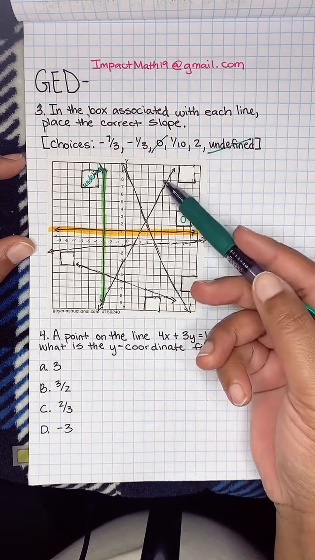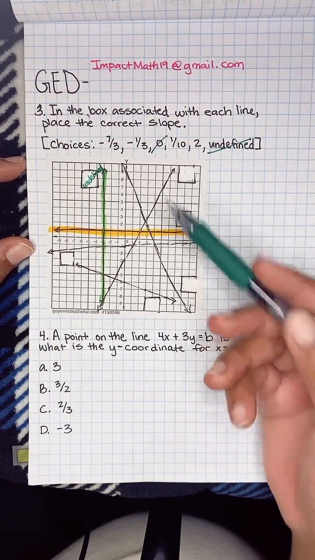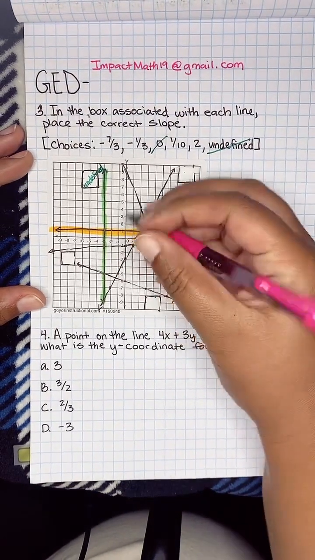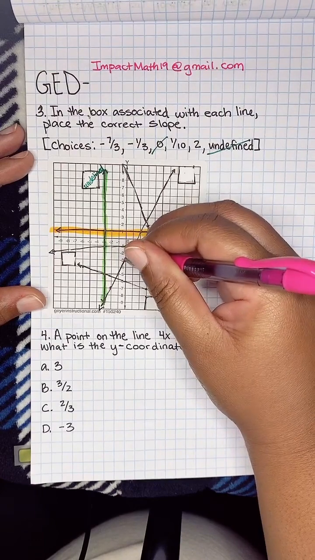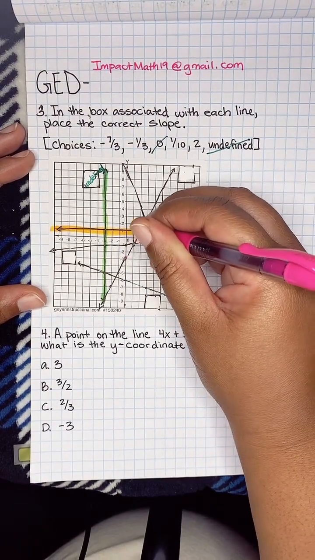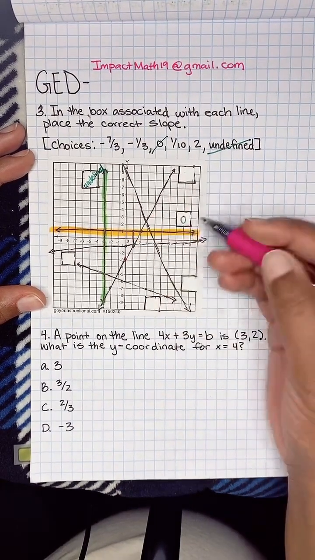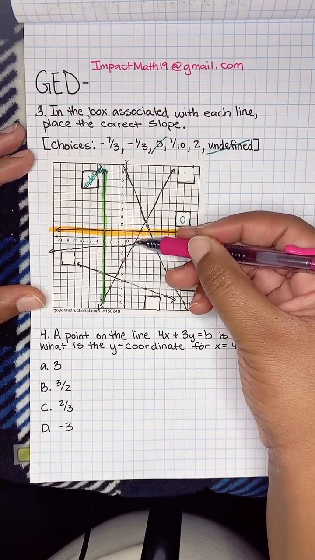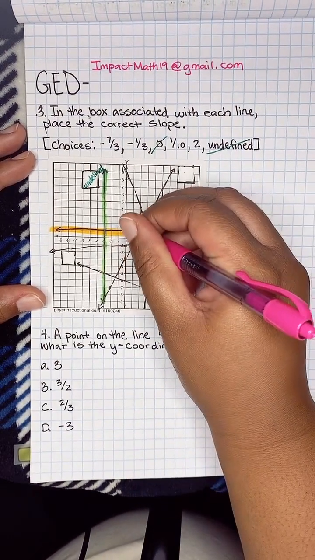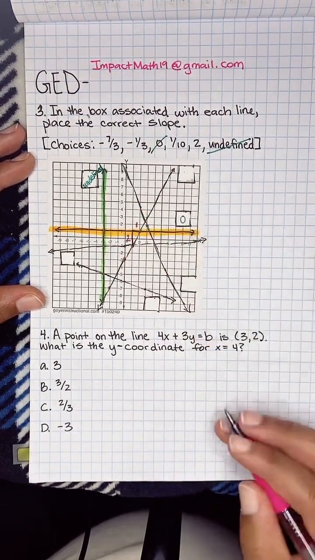I'm going to go to this line right here. So I see that I'm starting here and I'm going to draw a little box. So I'm trying to see how much did I rise. So I rose 2 and I ran 1.